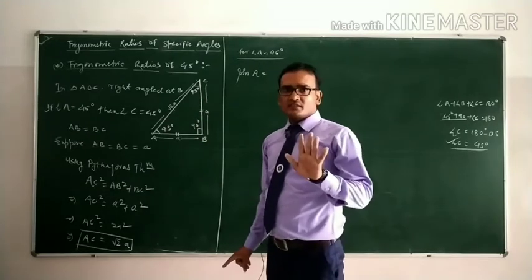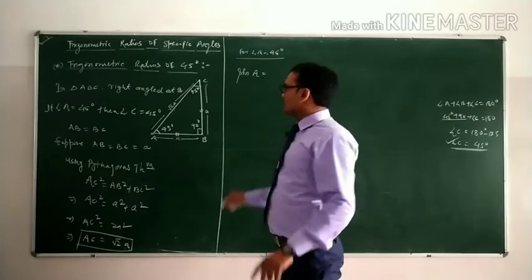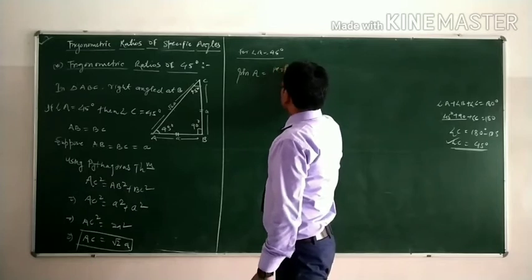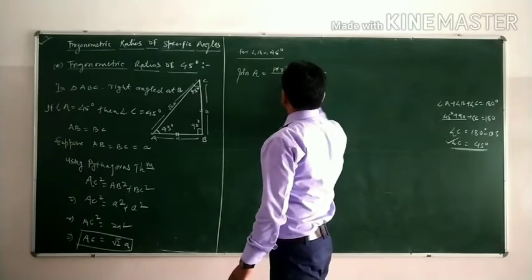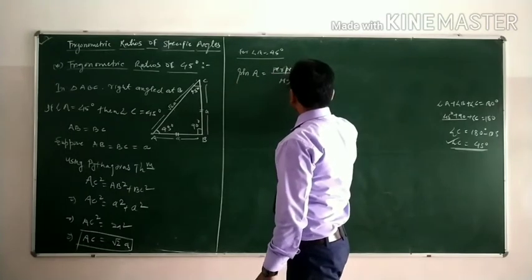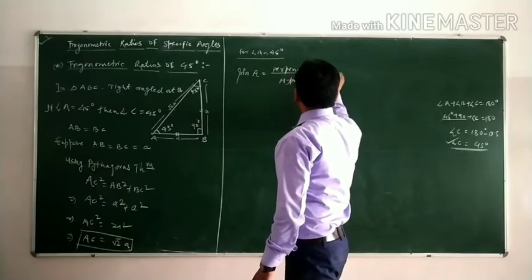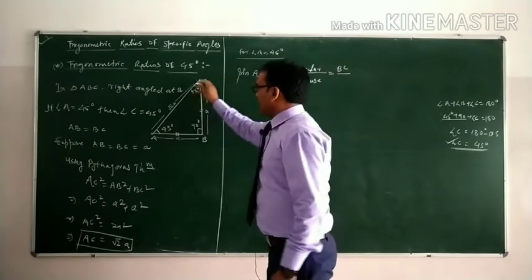You know that sine A equal to perpendicular upon hypotenuse. What is the perpendicular? Perpendicular side is BC and hypotenuse is AC.